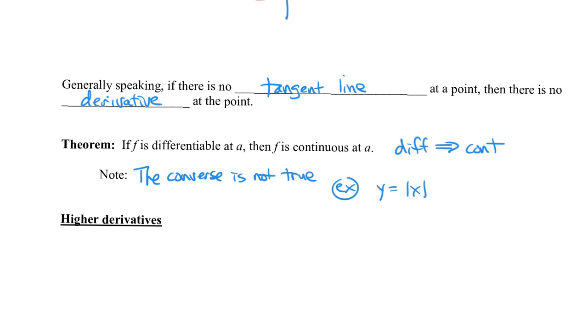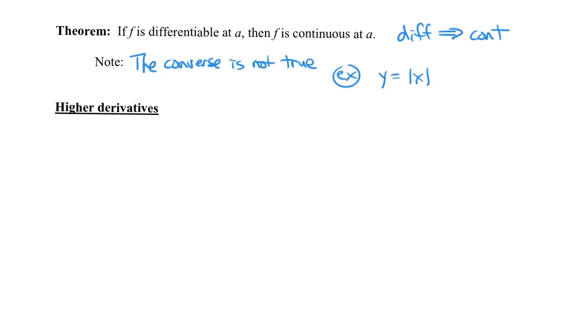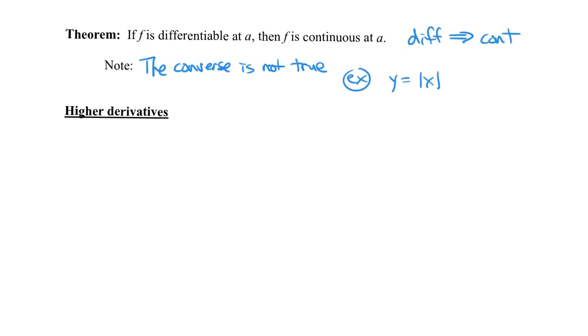And then we have to talk about higher derivatives. I can tell you that normally for applications, you don't go beyond the second derivative. But where you will see them a lot is in Calc 2 when you're using Taylor and Maclaurin series. You'll definitely take higher derivatives there. But some of the notation that you'll see is this.